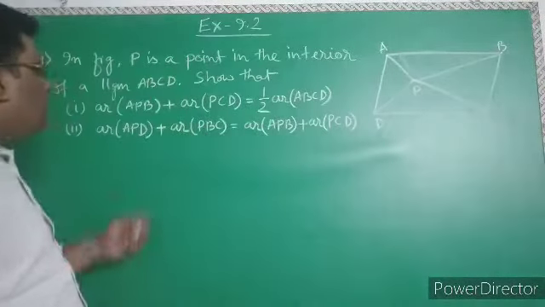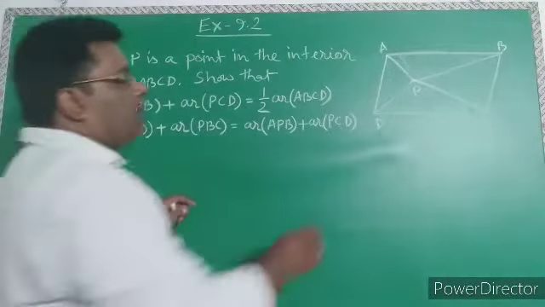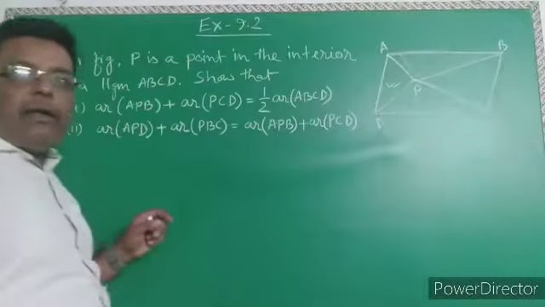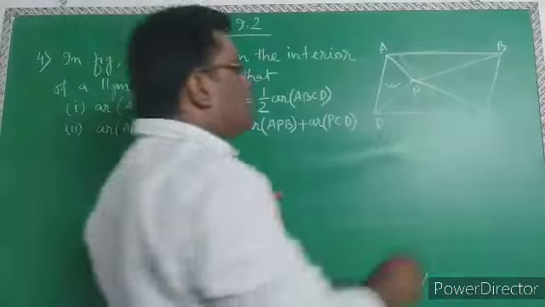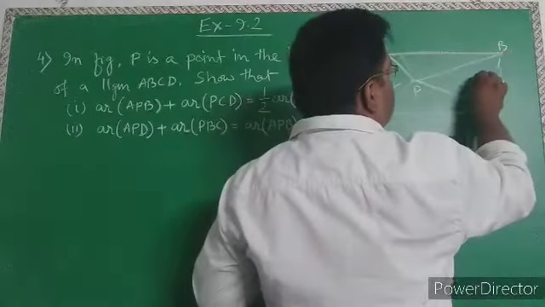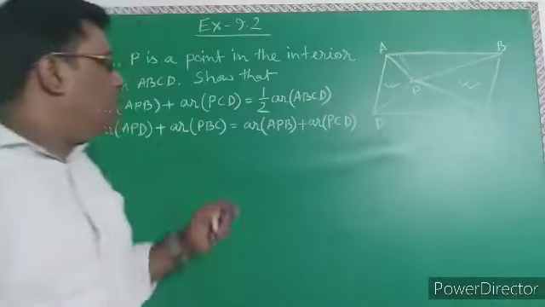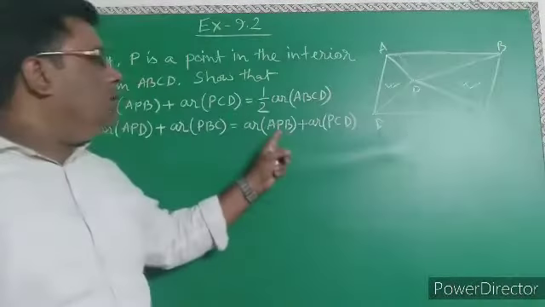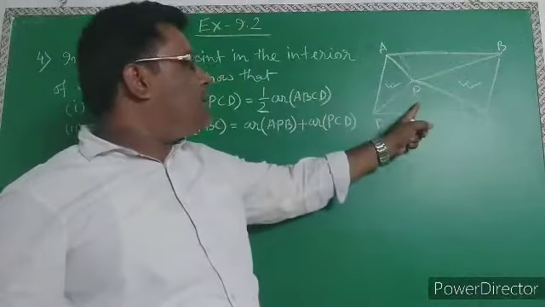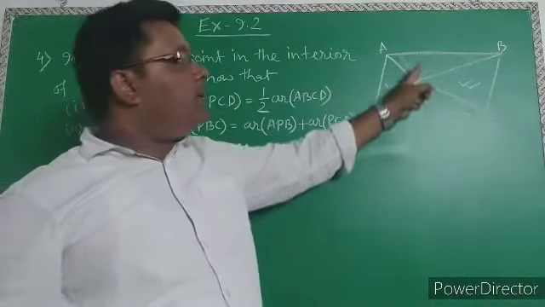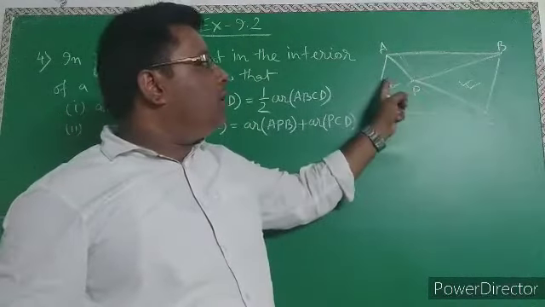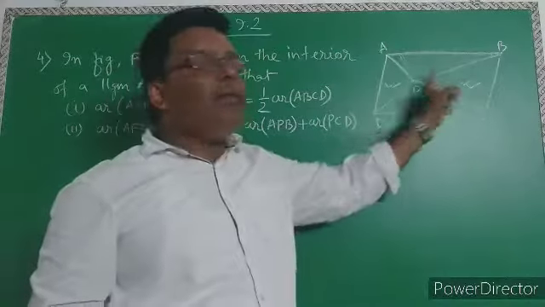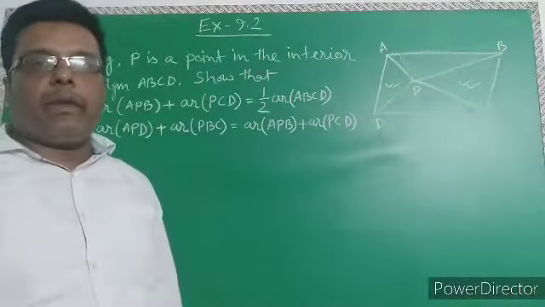Next we have to show that area of APD, that is this triangle, plus PBC, that is this triangle, is equal to area of APB plus PCD. That is, the sum of these two triangles is equal to the sum of this area.